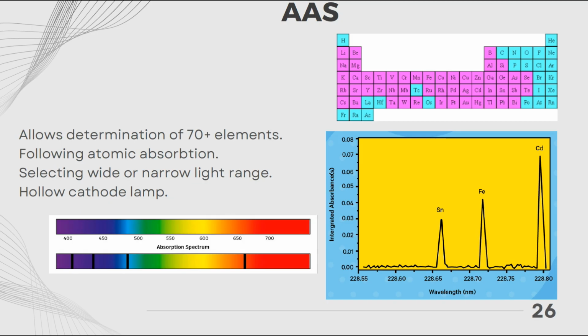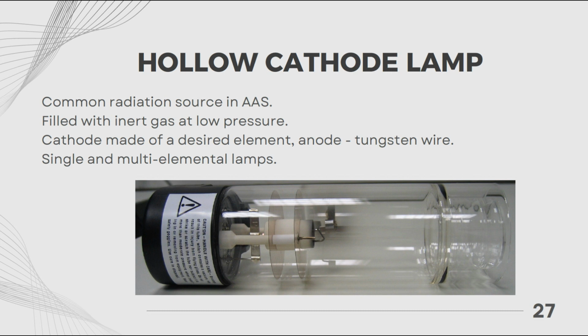So the cathode is made of the desired element, the anode is usually a tungsten wire, and the whole lamp is filled with an inert gas at low pressure. What's happening next? Then we apply voltage to this lamp, the gas inside is ionized, and this ionized gas interacts with the cathode and releases some excited atoms of the same element.